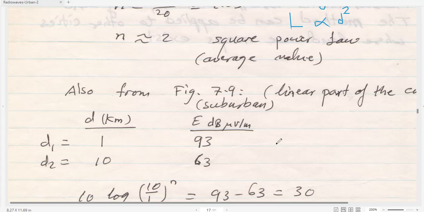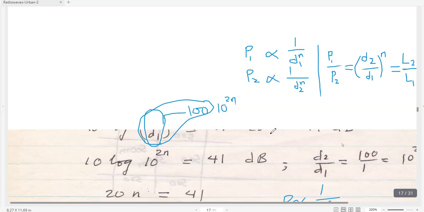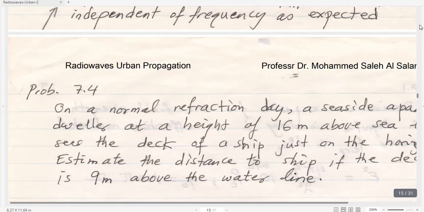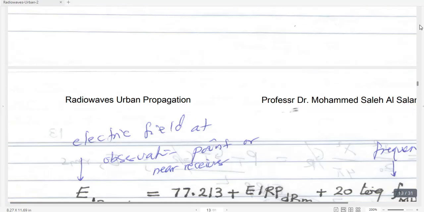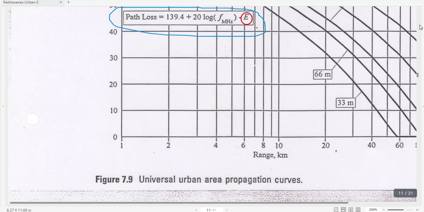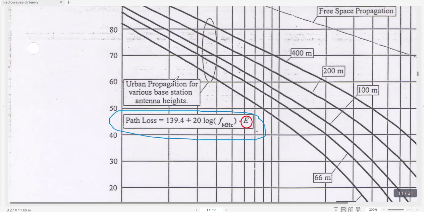Now let's use figure 7.9 and see the exponent of the power law. Let's consider this linear region.